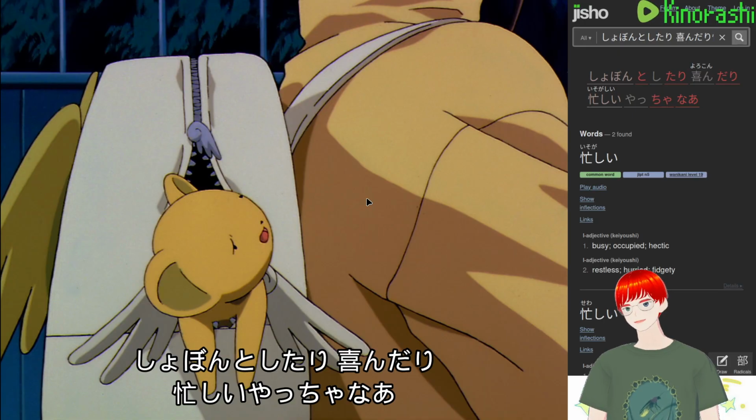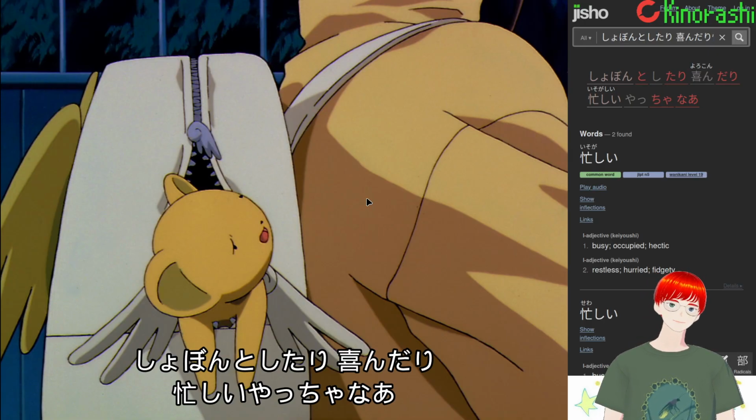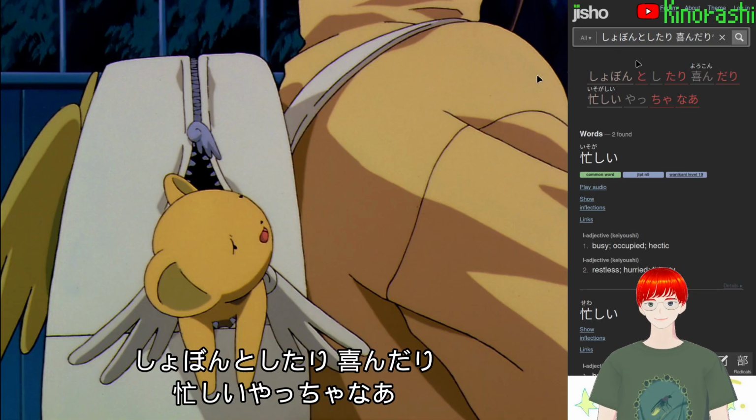Tari is used to list non-exhaustive examples. Shobon to suru means to look dejected, to be down in the dumps. Yorokobu means to rejoice, be happy. Yorokondari is past tense form used in tari. So shobon to shitari yorokondari means being dejected sometimes, being happy other times, essentially describing emotional ups and downs, a fluctuating mood.